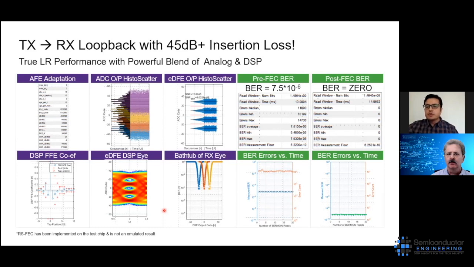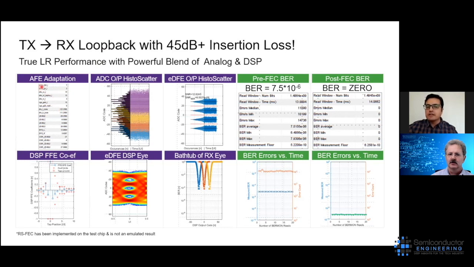So let me show you silicon results from our 112 gig SerDes. This shows the performance of the SerDes in a loopback channel. We have a transmitter transmitting at 112 gig, and it goes through 45 plus dB of channel loss and comes back to the receiver. And here I show the value of different blocks within the signal chain.